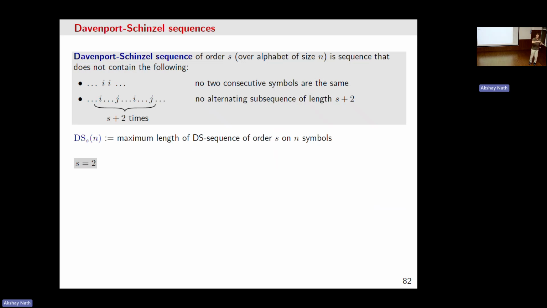Yeah, so 1, 2, 3 up to n, and then n minus 1, n minus 2, and so on. And you can verify you never write the same thing twice in a row, and you don't have the 4 things that are forbidden for s equals 2. Anything even longer?